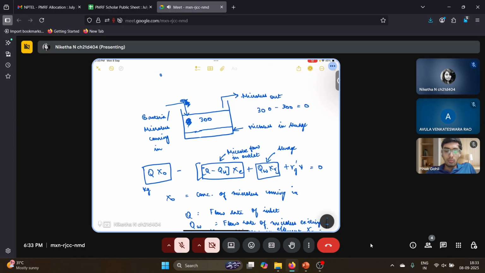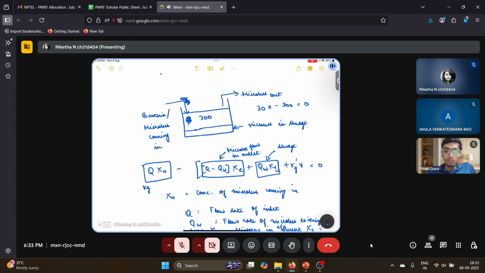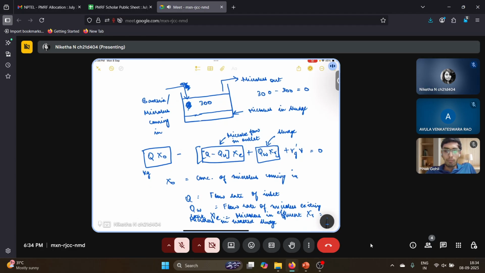So this is the balance, and to find out the concentration, we have used this equation where Q is the inlet flow rate and X naught is the inlet concentration of microbes, minus the outlet mass of microbes. To find the outlet mass of microbes, we add the mass of microbes exiting as wasted sludge plus the mass of microbes exiting along with the treated wastewater.